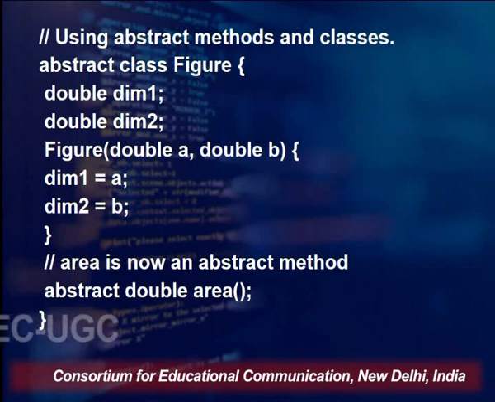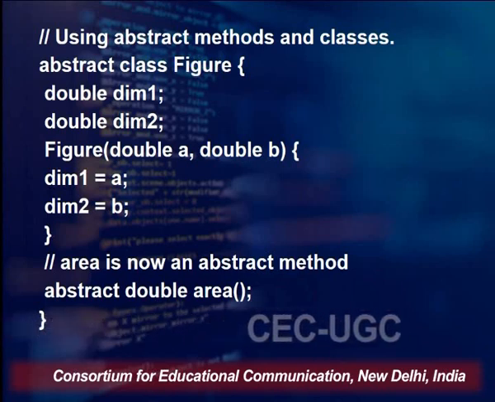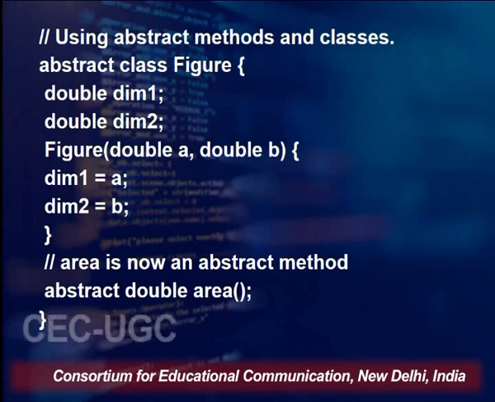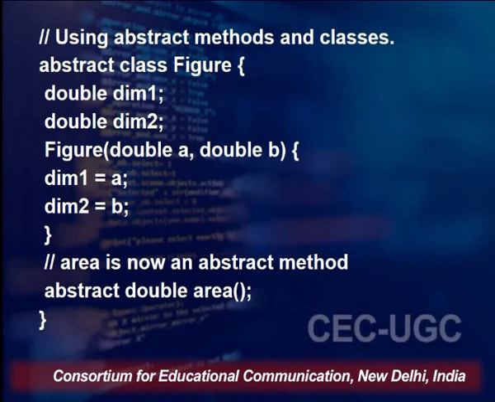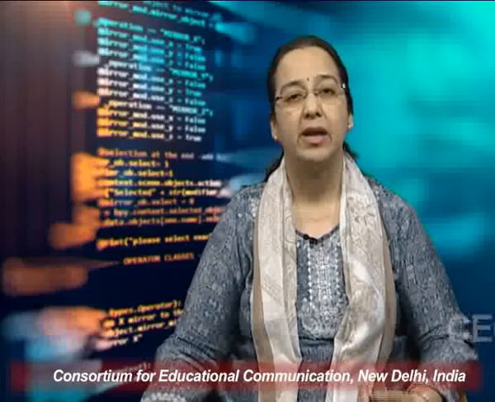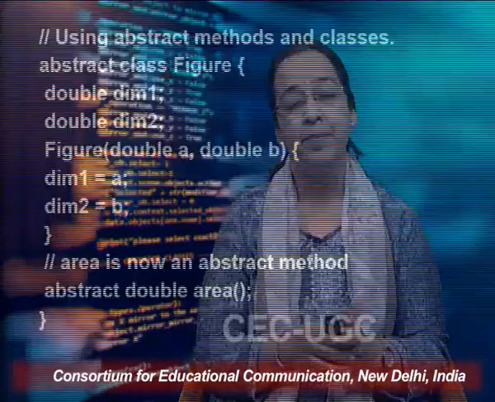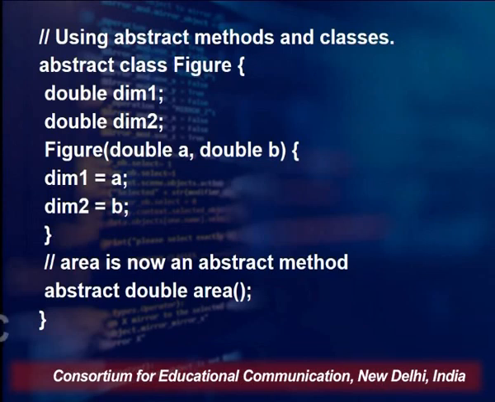That means the superclass Figure does not have any meaningful implementation for the method area, unless we extend this class Figure to the two different classes, Rectangle and Triangle. Now this method area, which is defined as abstract, has become mandatory for the classes Rectangle and Triangle to implement.